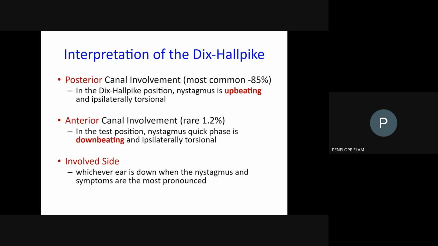So if you drop them back onto the right side, and the symptoms are worse on the right side versus the left side, then you're going to diagnose them with a right-sided problem. If you drop them back on the left side and they had greater symptoms than on the right side, then we would think that the problem was on the left side. So we're looking for upbeating or downbeating nystagmus, and then which ear is down, which one produces the most symptoms.